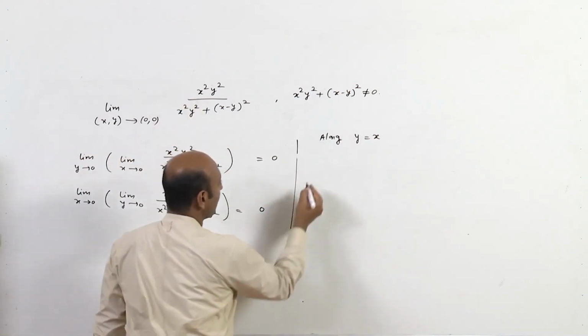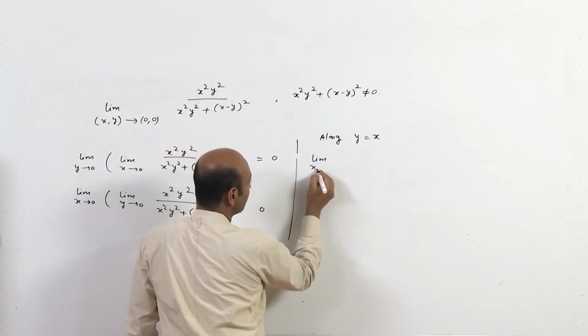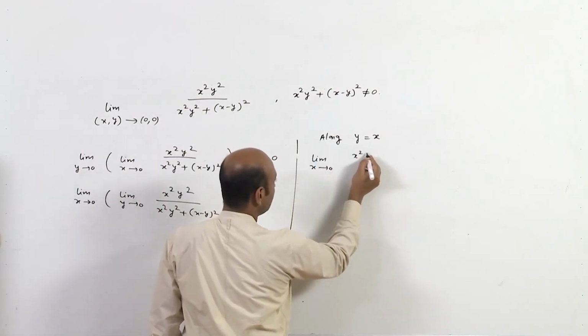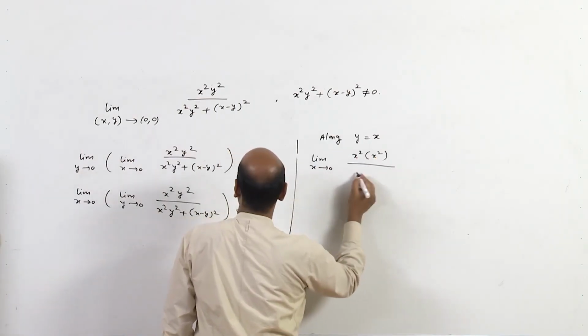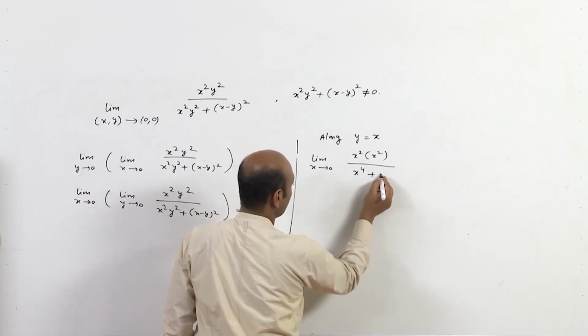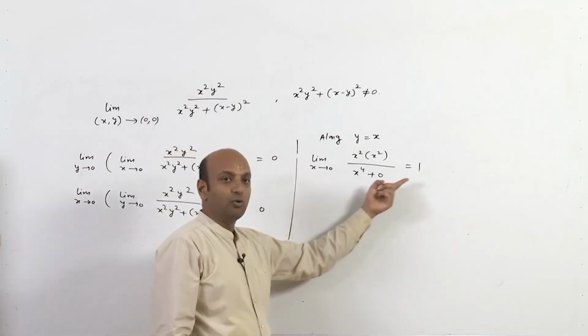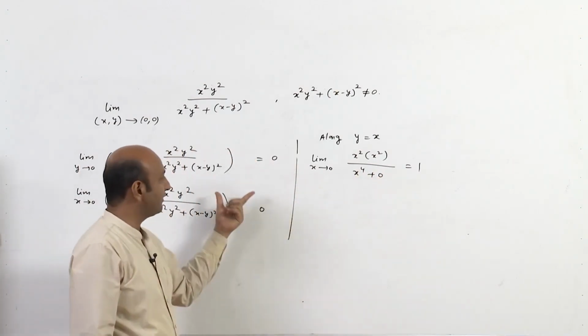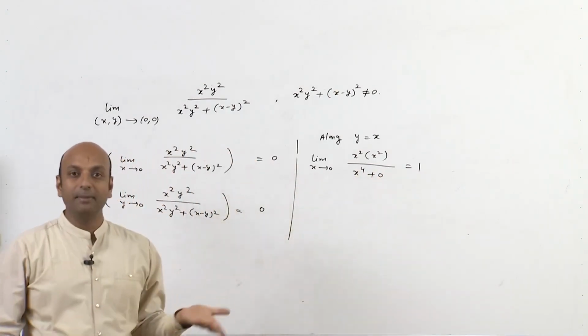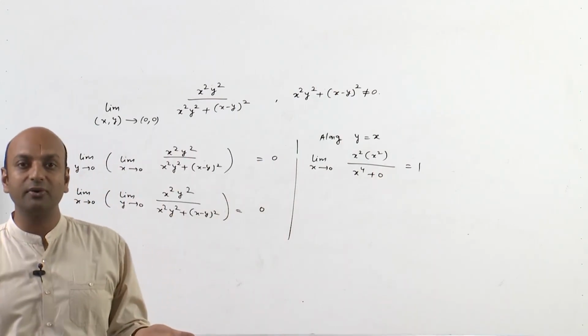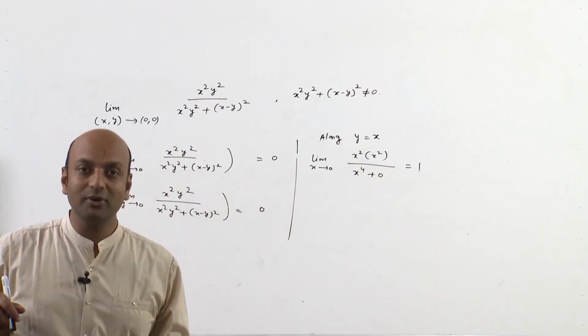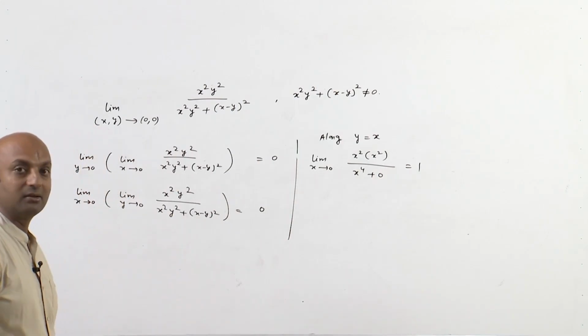Then we obtain limit x tend to 0 of x square upon x to the power 4 plus 0, which is 1. From this path we are getting value 1, and from other paths we are getting a value 0. This means the limit does not exist, because there are two different paths from which the values of the limit are different.